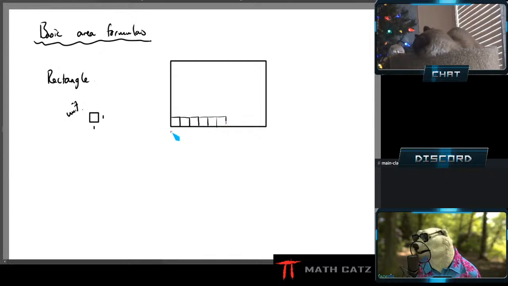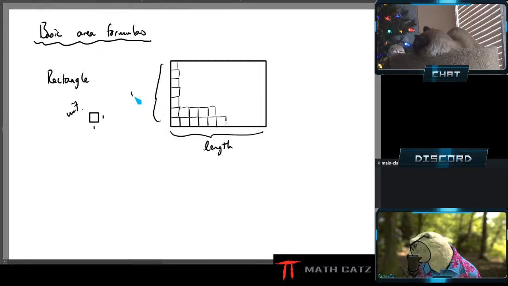So it's going to be the number of squares I can fit in to make a row, and then I'll stack the rows. So I'll have a number of squares that can fit here, depending on the length of my rectangle, and the number of rows will depend on the width of the rectangle.